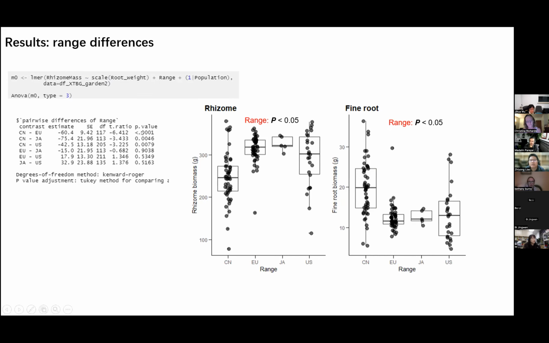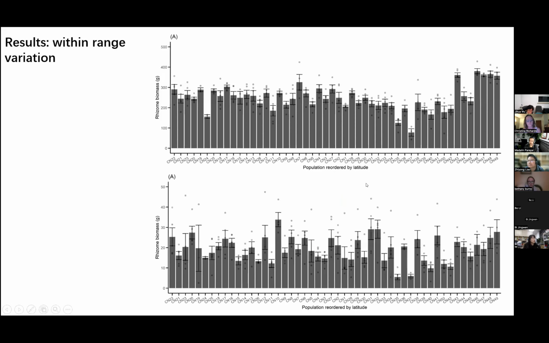They all differ significantly, but we didn't detect a significant difference among the other three regions. For the fine roots, the Chinese populations had significantly higher fine root biomass compared to the other regions. So that's the very general pattern.